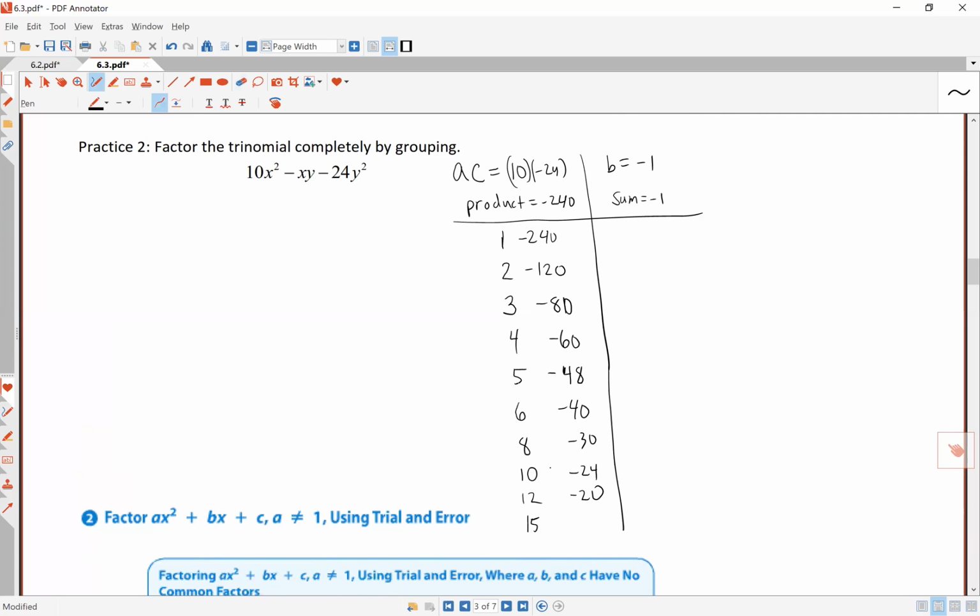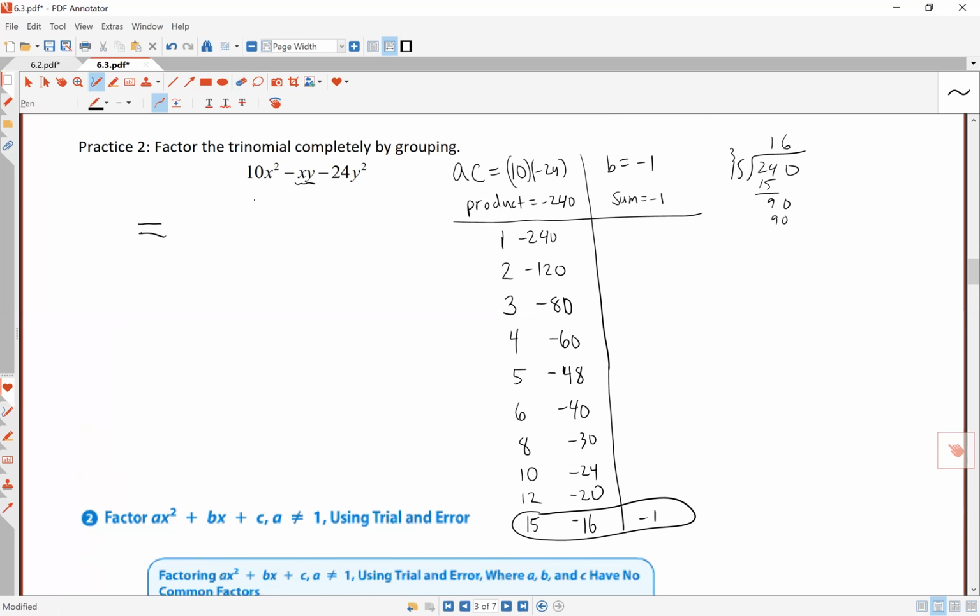And 15, let's see, 15 goes into 240 negative 16 times. There are the pair of numbers that have a product of negative 240 that adds to negative 1.